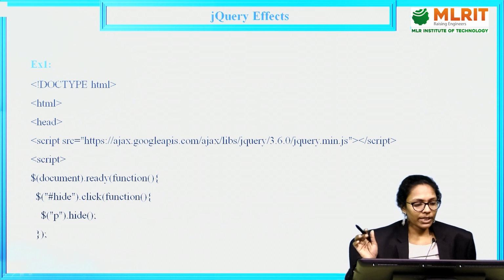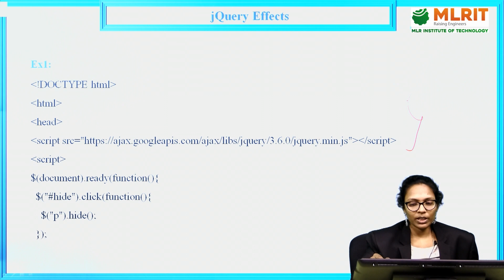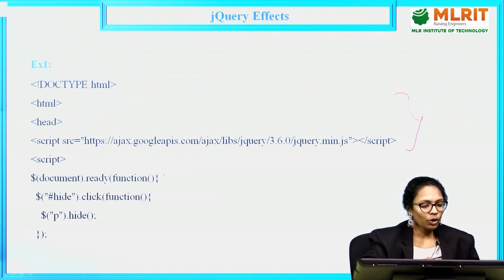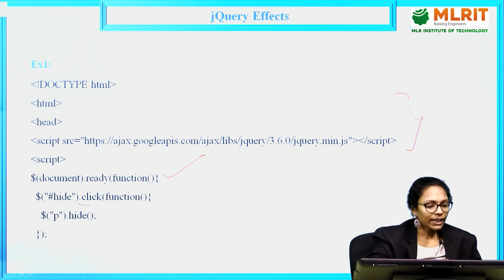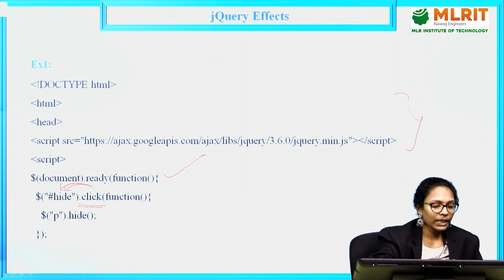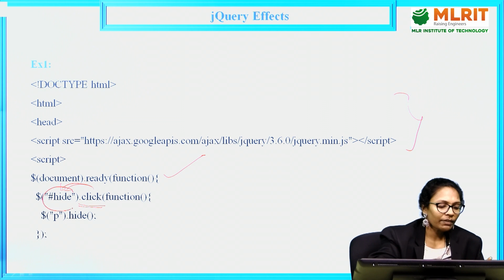We'll take one example for hide and show here. It is common for all jQuery applications to include the jQuery library. Whenever my document is ready, whenever I click on the element with the ID hide, the paragraph will be hidden. Why am I saying ID? Because I am mentioning the hash here.